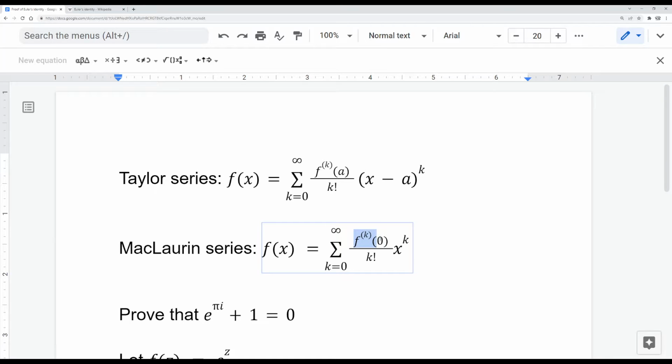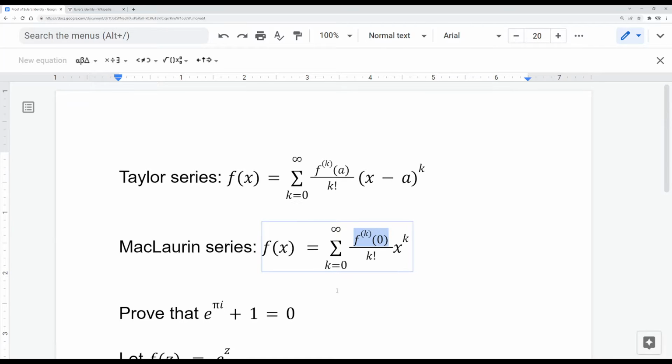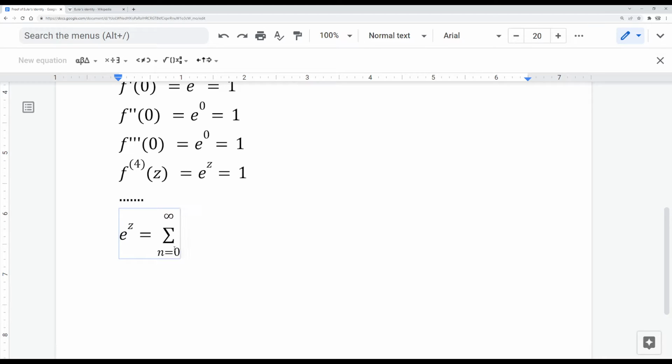So what does this equal? That's right, 1. So that means this comes up and it cancels out. So it just literally becomes x to the n over n factorial.